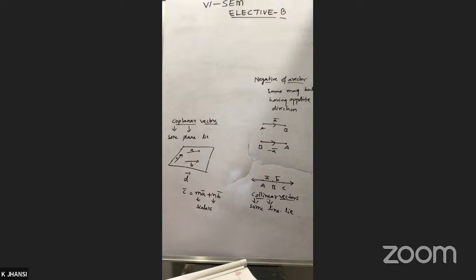Next, in section 1.4.4, page number 10 and also page number 9, you have the properties of vector addition. Which properties vector addition is satisfying, that you have. This is the important one.